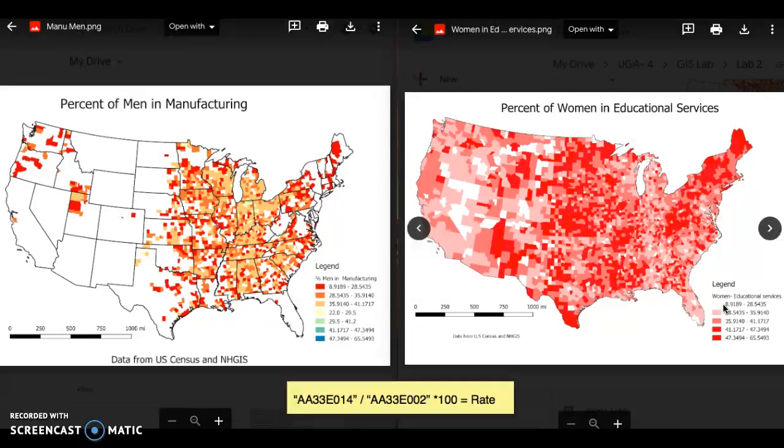Once we had all the rates placed on the map, we were able to see trends across the professions and between regions. So if we start with men in manufacturing, we can see the highest concentrations of men that were working in manufacturing from 2013 to 2017 were centered around the Great Lakes, some into the south and a little bit up into the northeast.